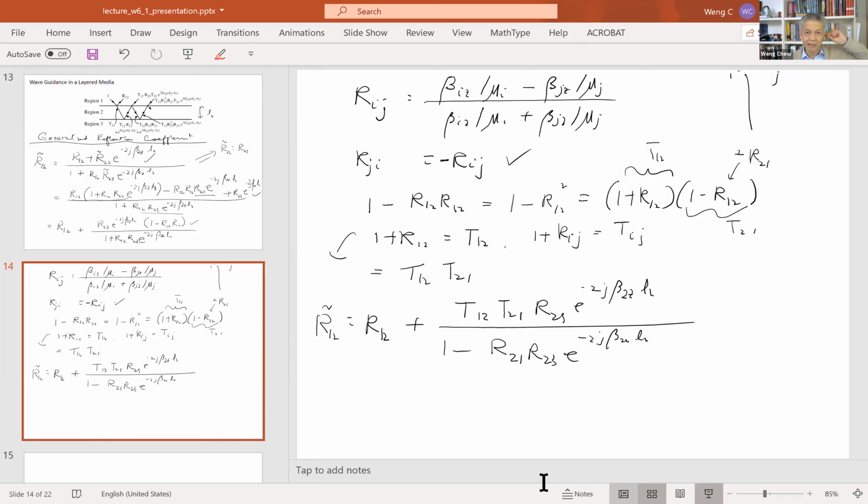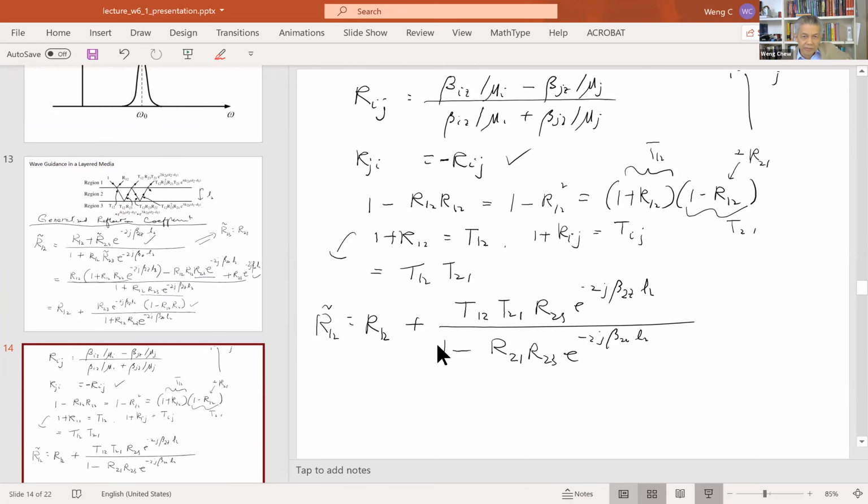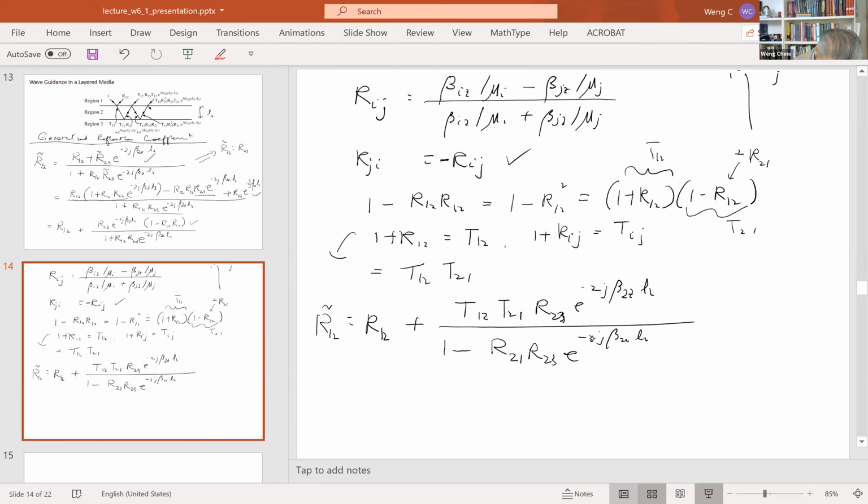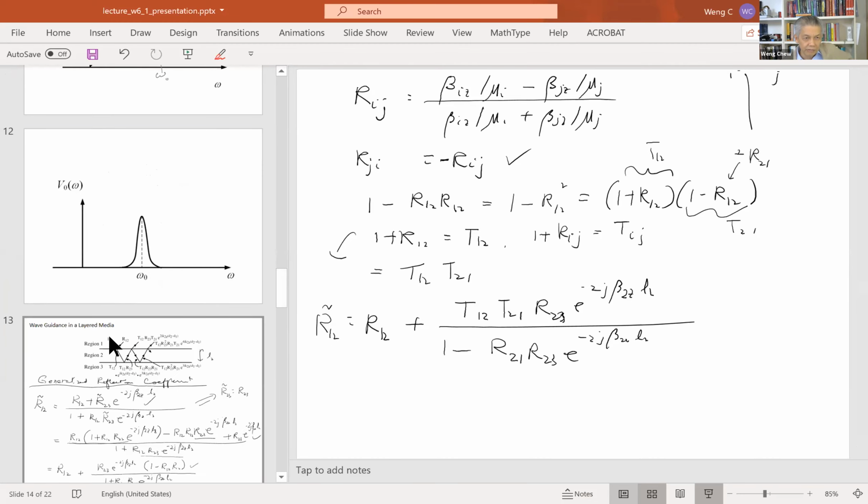Very complicated stuff, but what am I trying to get at? What I'm trying to get at is that you can expand this into a series, and for instance, if R23 had been 0, I will only have the first term. The first term would be the reflection coefficient from the first interface.